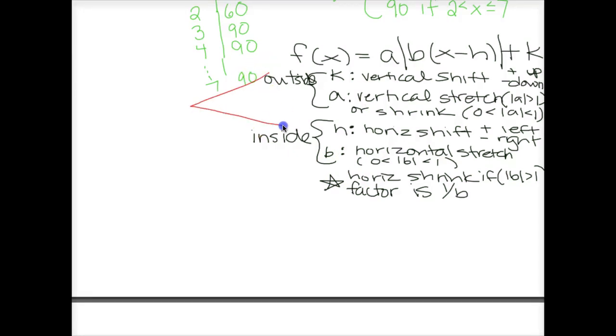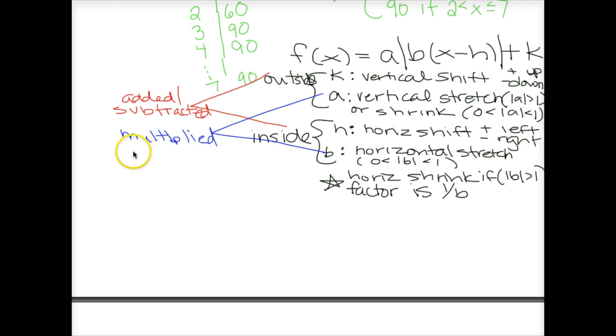The H and the K that control the shift, those are both added or subtracted values. So outside controls vertical, inside controls horizontal. Added or subtracted controls shifts, and then multiplied, which is your A and your B, this controls the slope. So A and B values both change the slope to whatever that number is.